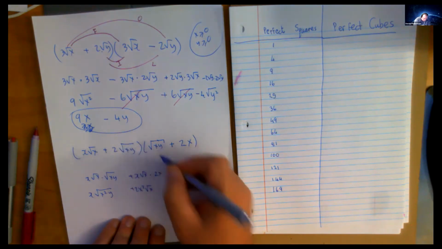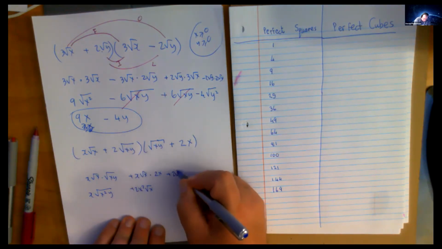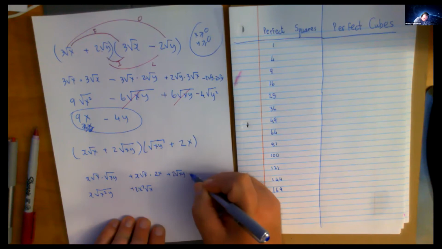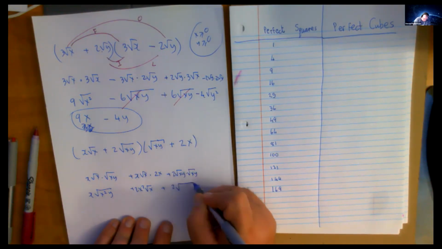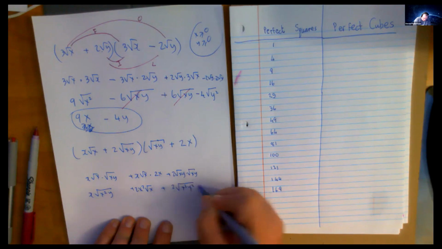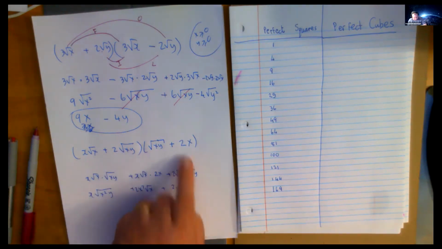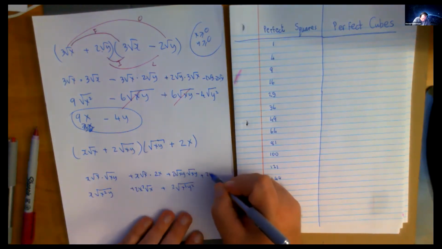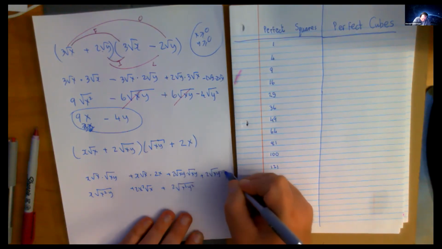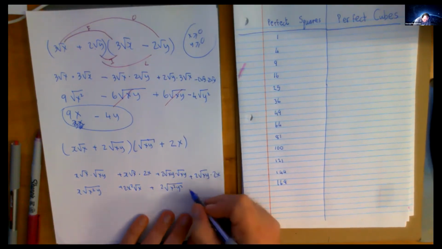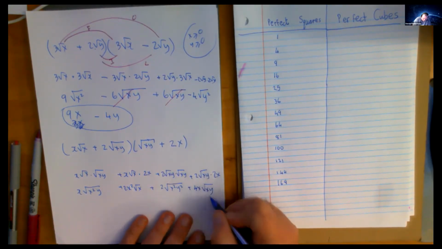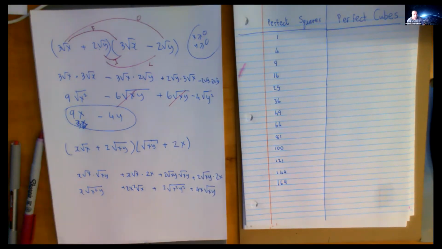If you do this guy times this guy, you're going to get 2 square root of xy's times another square root of xy, and that's going to get you x squared y squared. And then if you do the last fellas, you're going to get 2 square root of xy times 2x, and that's going to get me 4x the square root of xy. Yep, ugly.